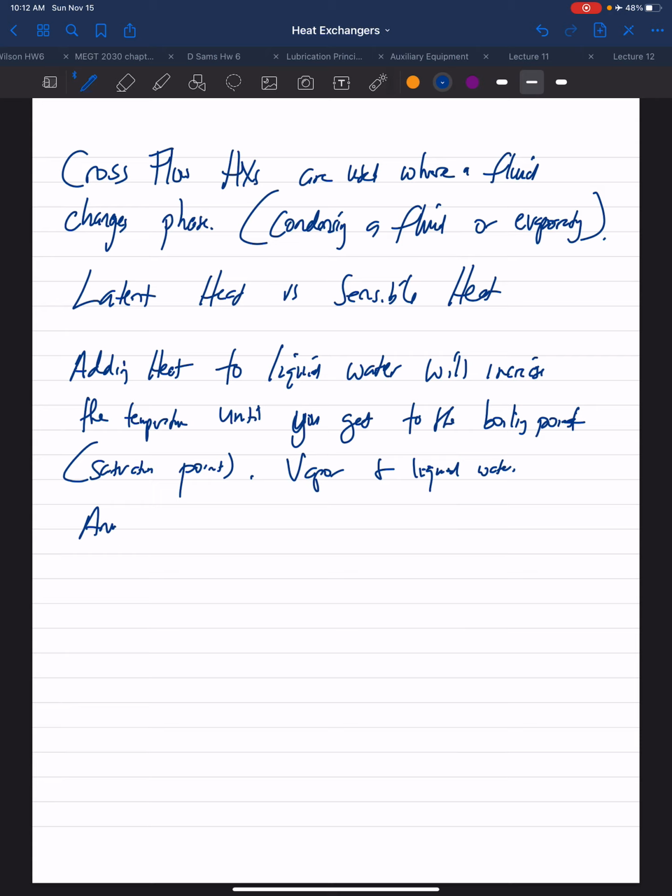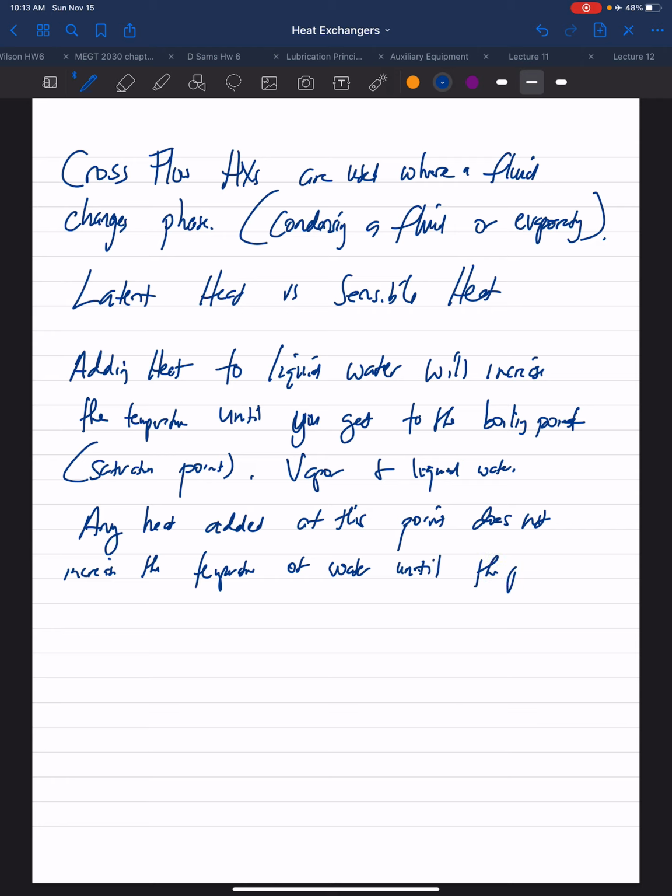Any heat added at this point does not increase the temperature of the water until the phase change is complete at constant pressure.